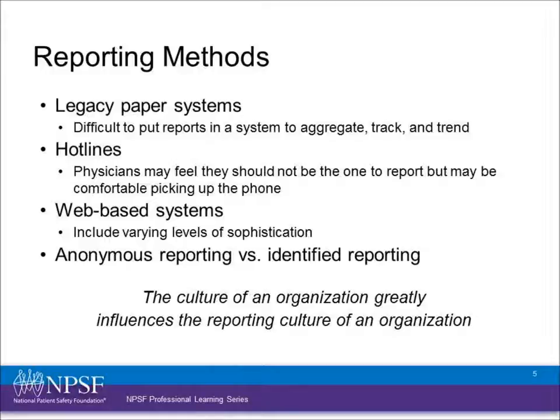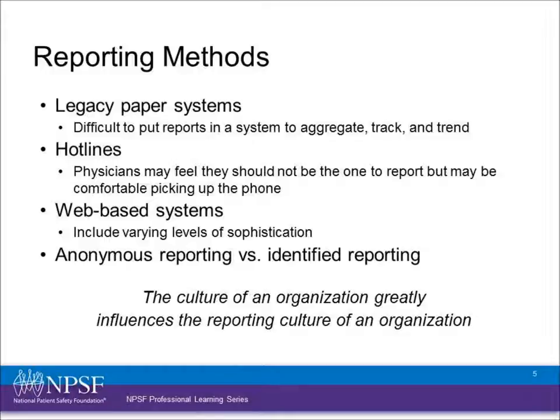As again, most of you, I'm sure, know, the literature supports the fact that it isn't necessarily the smartest people that can sort through these adverse events and near misses, but it's more likely to be the person that is the closest to the event, that might be in the environment or participating in a system that they know repeatedly sets providers and patients up for some kind of failure or error.